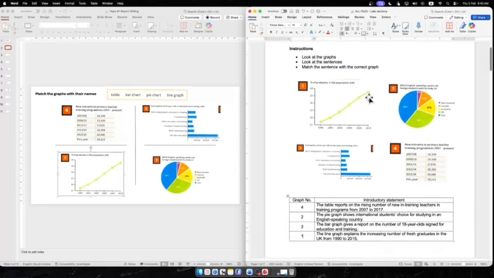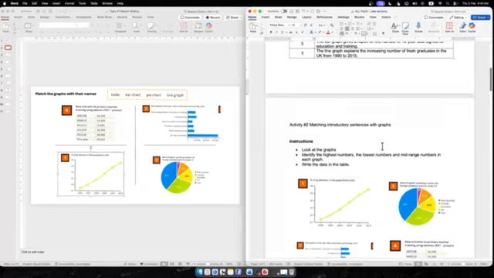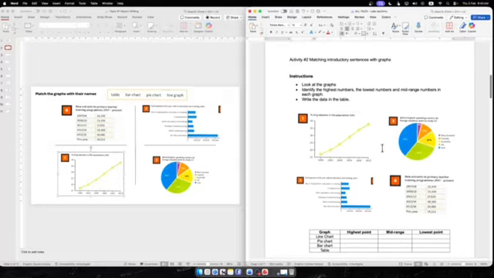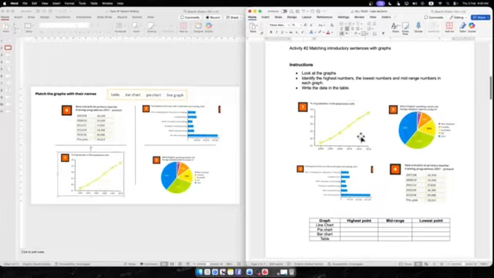Now, on the same document, scroll down to activity number 2. We're still working with the same graphs. So look at the graphs, and now instead of just looking at them broadly, we want to identify the data inside each graph.